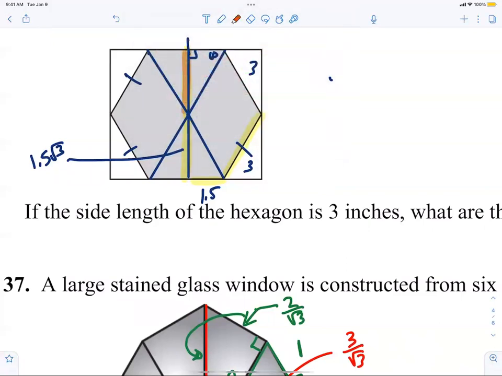What is this length right here? Exactly, thank you. It's the same as this. It's the height. So that's 1.5 radical 3.